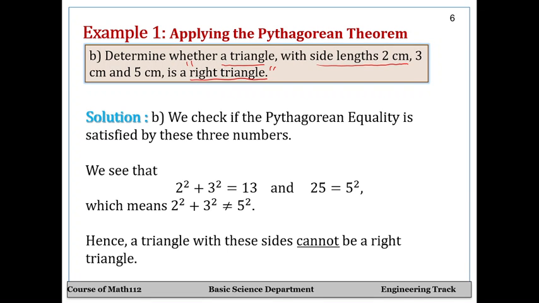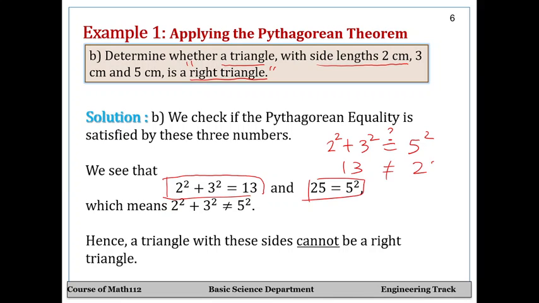So we check: 2 squared plus 3 squared, is it equal to 5 squared? Obviously this is 13 and this is 25, and they're not equal, so we say that a triangle with these sides cannot be a right triangle.